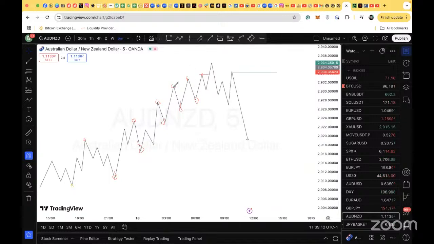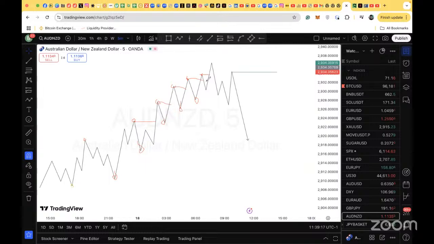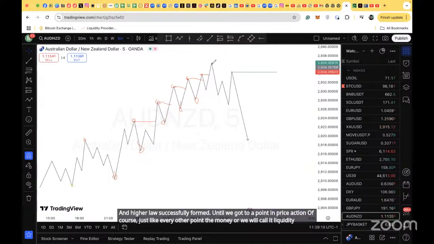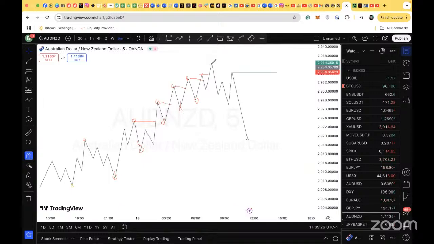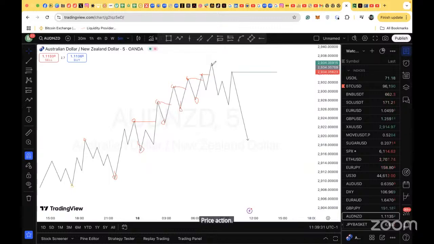Of course, just like every other point, the money, or we will call it liquidity, was taken to the upside as normal as it should be. And price action dropped down to break below the last low responsible for that move to the upside.